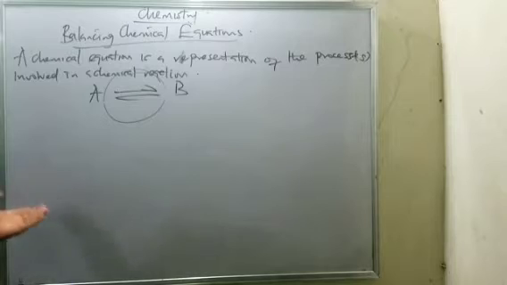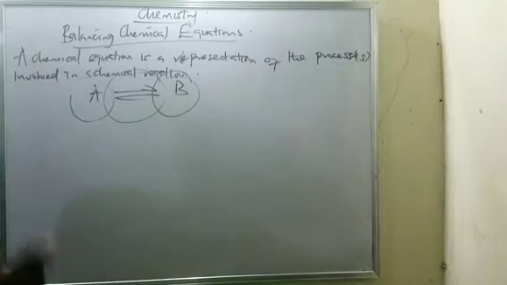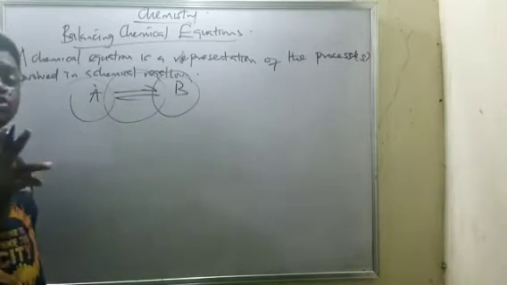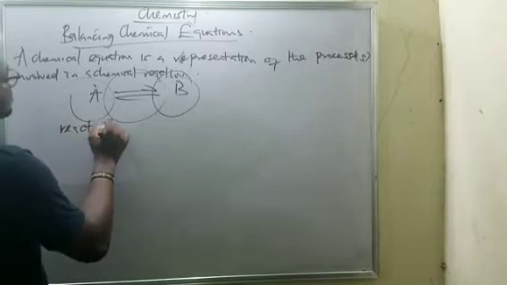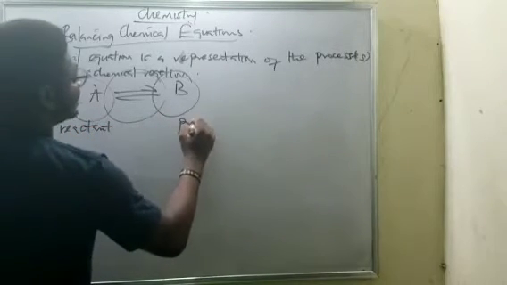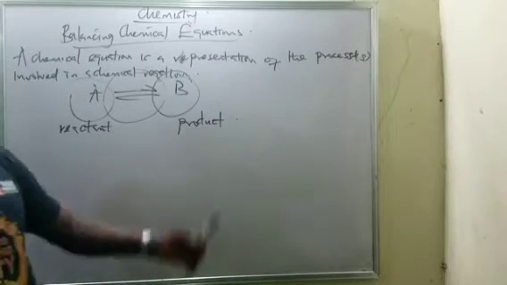Either one, they are all chemical equations, in as much as we have something going towards something. And every chemical equation you see comprises two different sides, which is the reactant side and the product side.